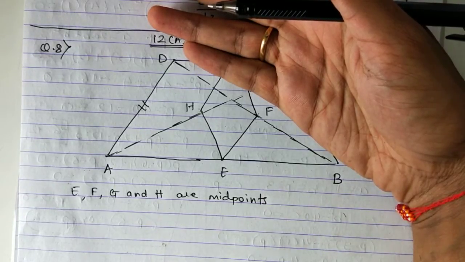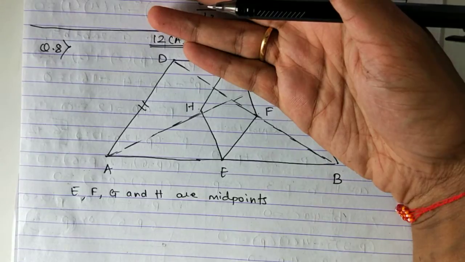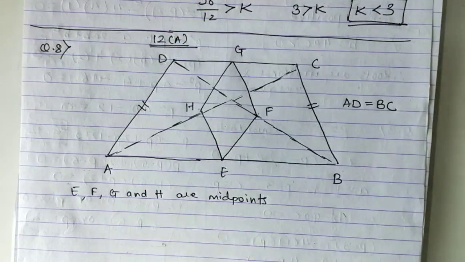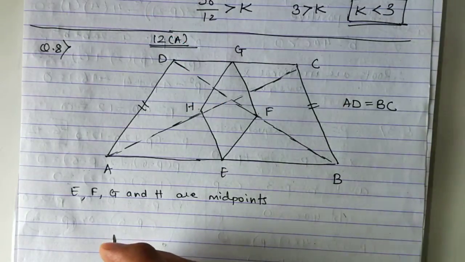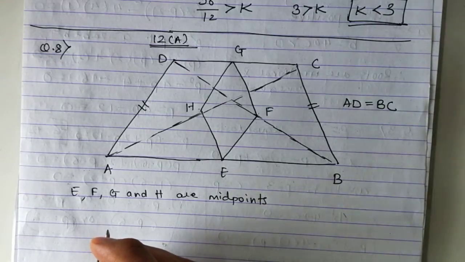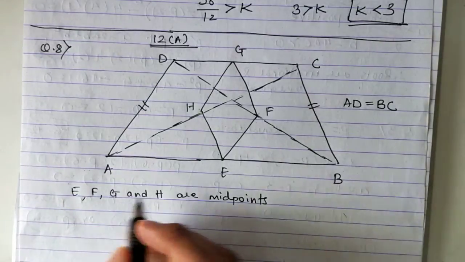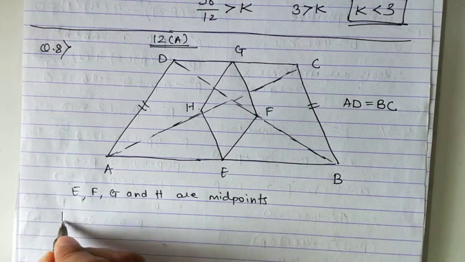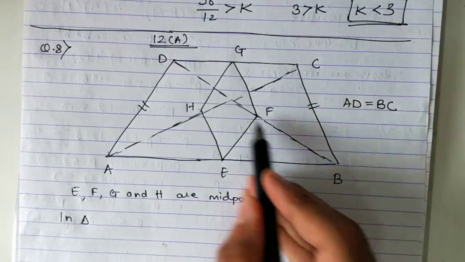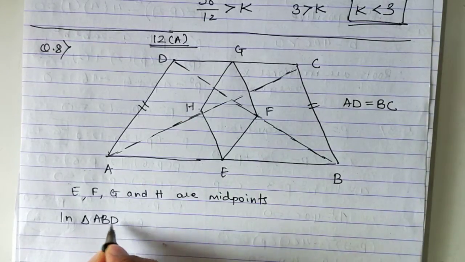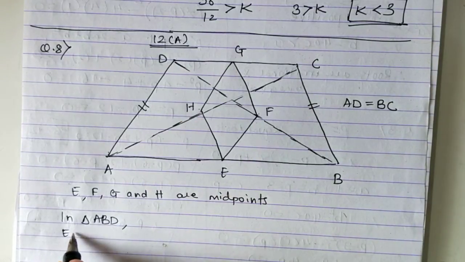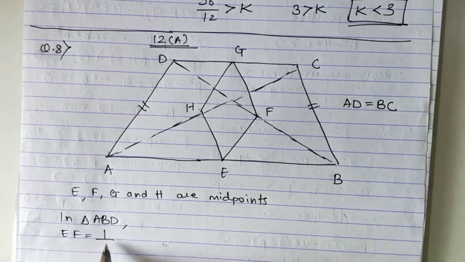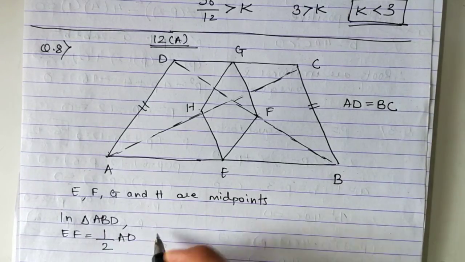Understood? So let's write it in words. Just a second. So I will write, in triangle ABD, EF is half of AD.